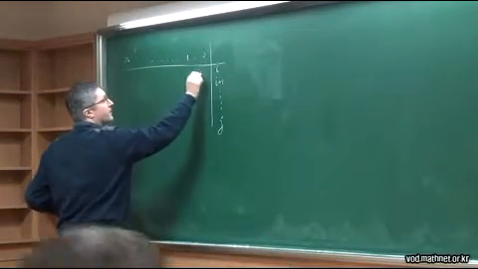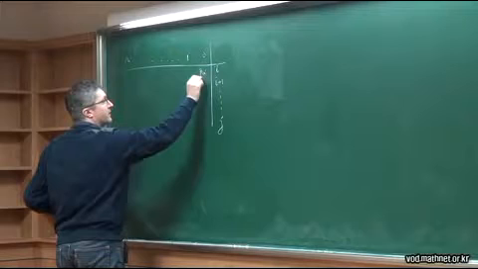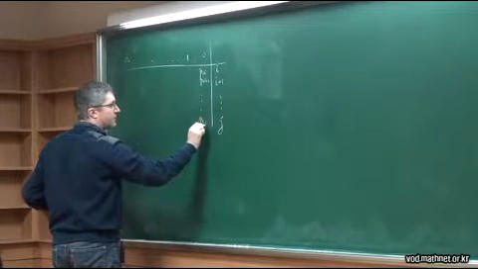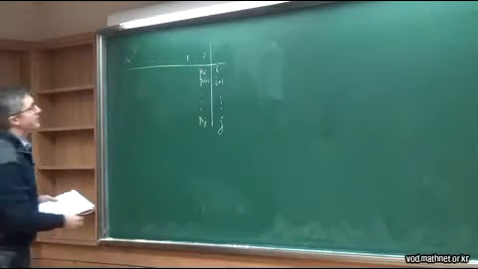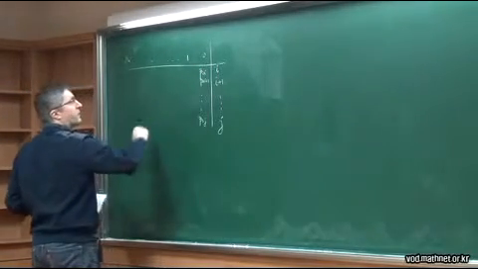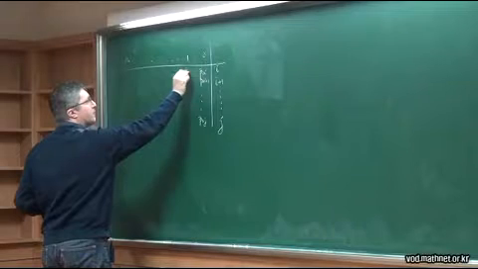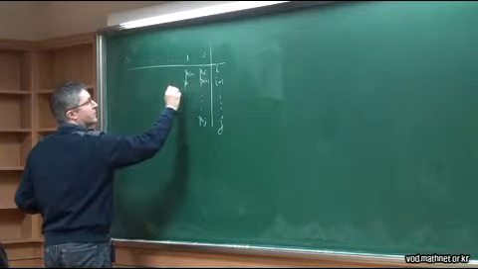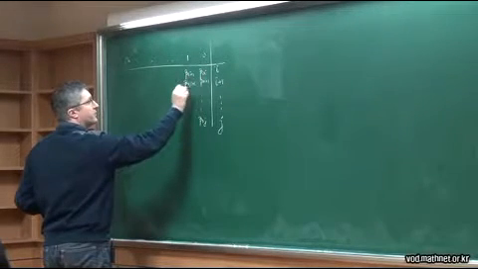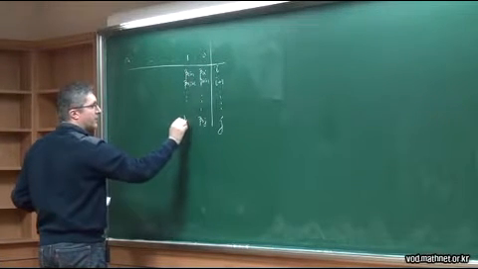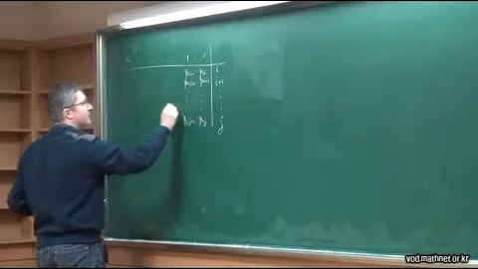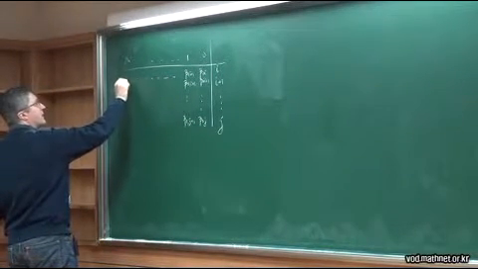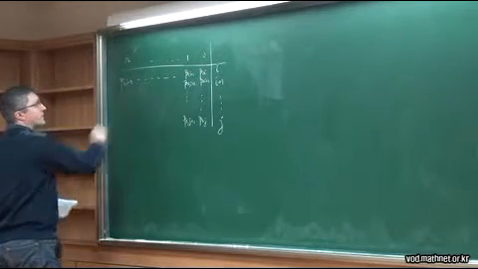Here we had beta_{0,i}, beta_{0,i+1}, beta_{0,j}. Then we had beta_{1,i+1}, beta_{1,i+2}, beta_{1,j+1}. And here at the end we had beta_{s,i+s}, and so on.